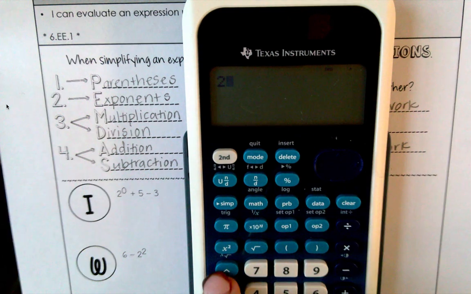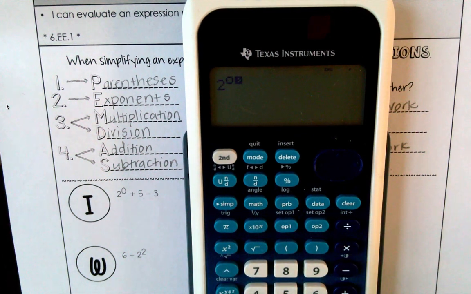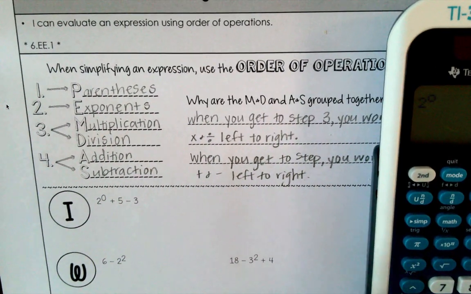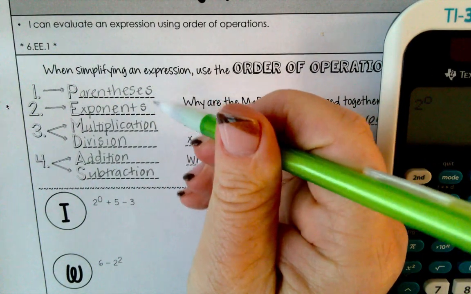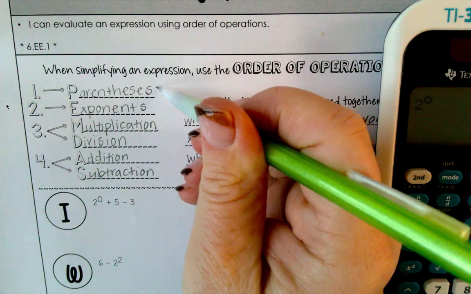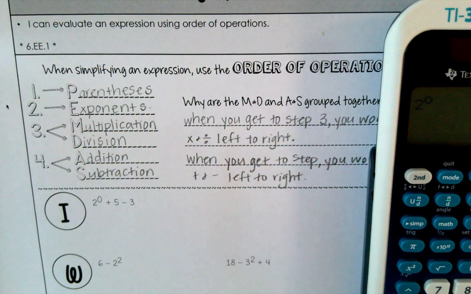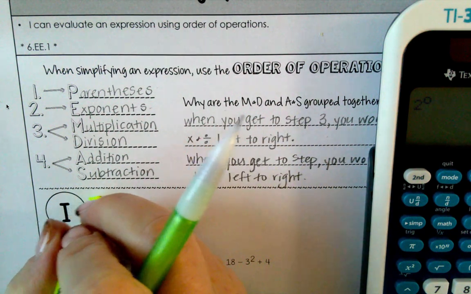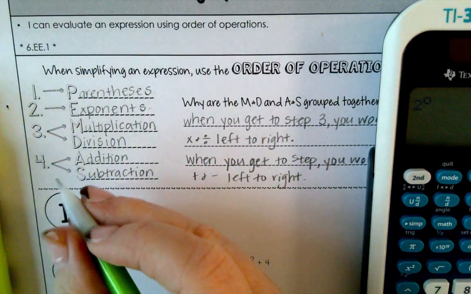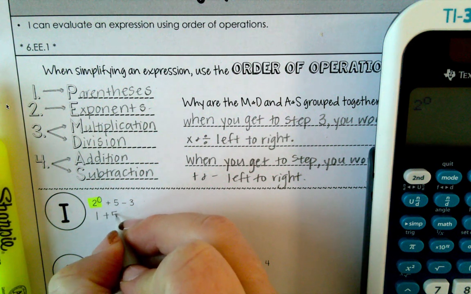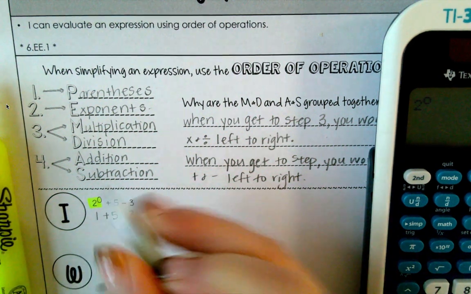So 2, my caret, 0 gives me 1. I want you to know that anything to the power of 0 is going to be 1. And I did my exponents first because you need to go through each step and ask myself, self, are there parentheses? Nope. Are there exponents? Yes. So I highlight that step first, and then I rewrite it. 1, bring everything else down, plus 5 minus 3.